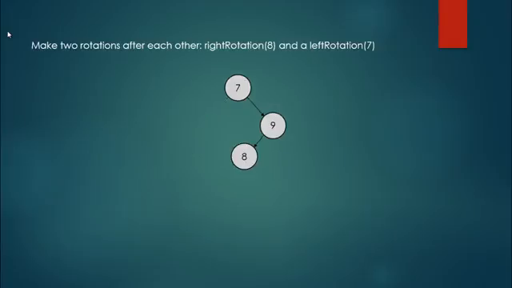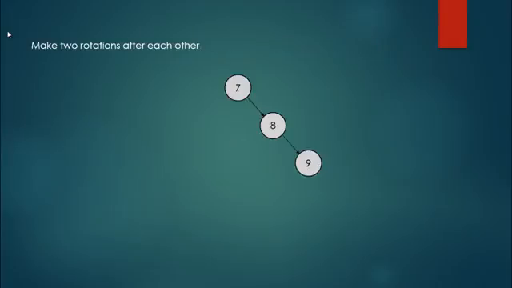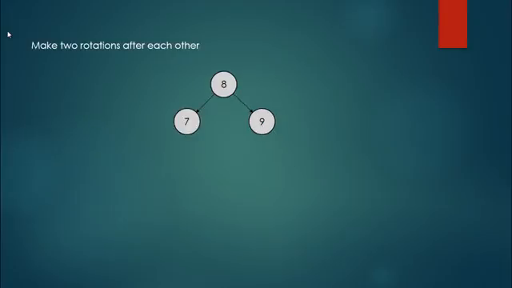We have a situation like this, and it is the situation when we have a right heavy and then followed by a left heavy situation. In this case we have to make 2 rotations, right rotation on the 8 and the left rotation on the node 7. So here we have to make the right rotation on the 8, and this is the situation when it's doubly right heavy, so we have to make a left rotation on 7, and it's going to solve our problem.